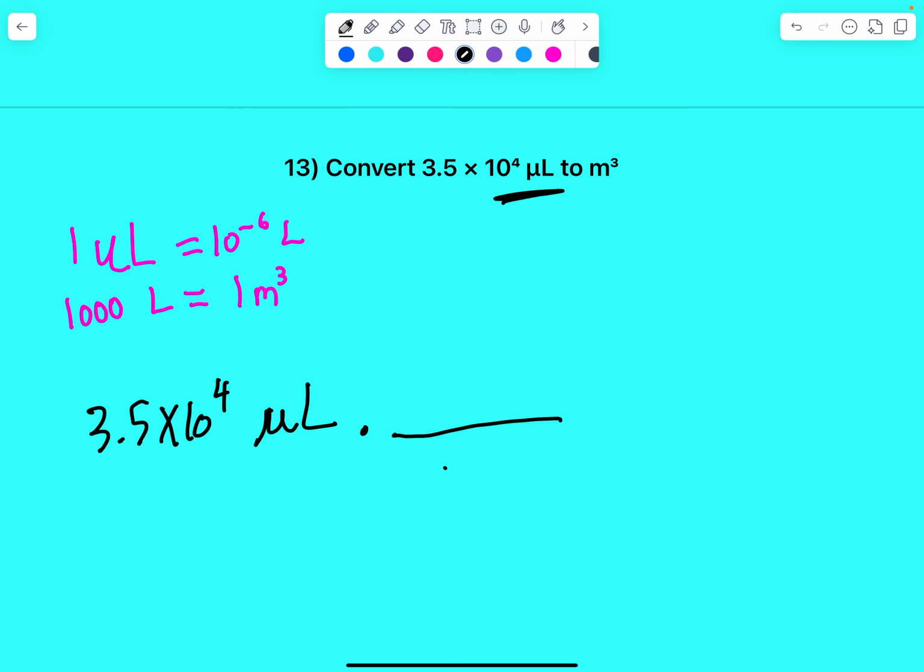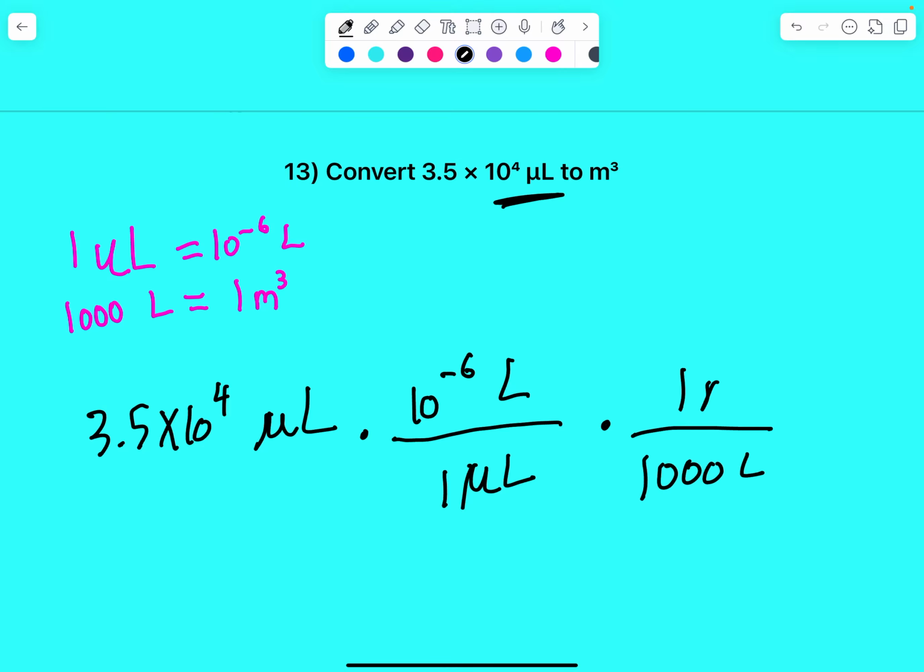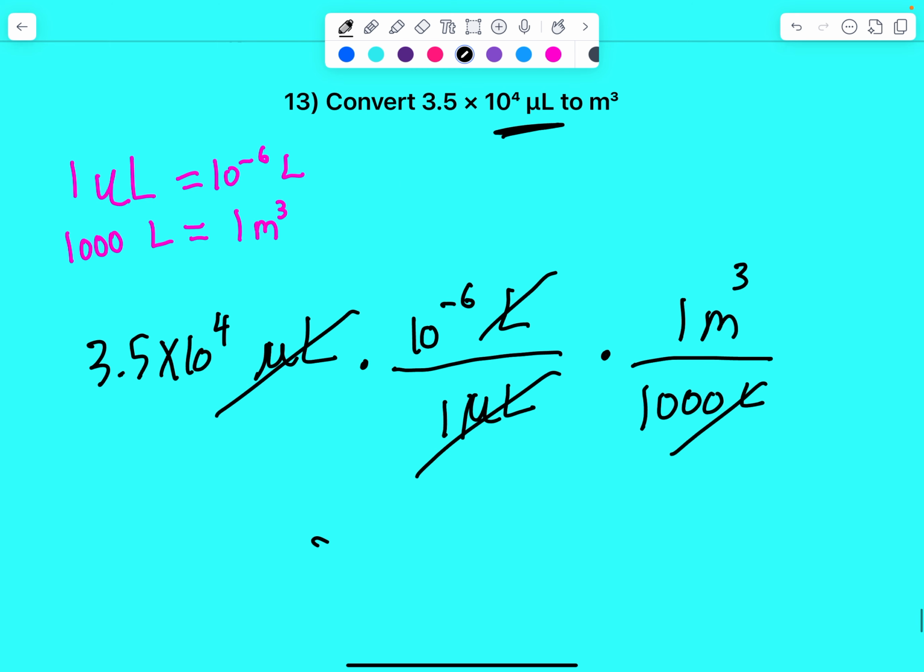So I know 1 unit of that is equal to 10 to the negative 6 liters. And I know, because of all the practice we've been doing, 1,000 liters is 1 m raised to the 3rd. Goodbye liters. And then I'm going to get 3.5 times 10 to the negative 5th m raised to the 3rd.